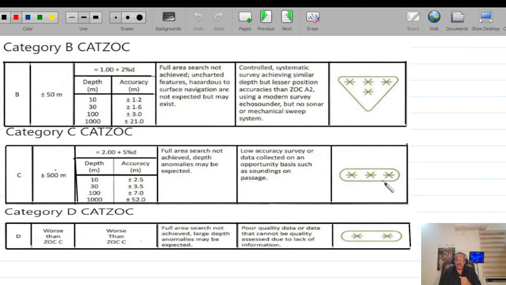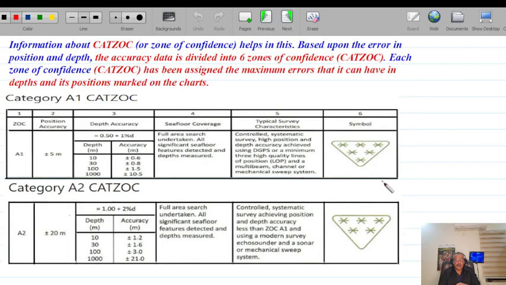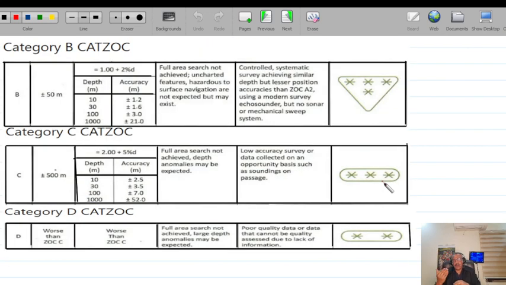And in this case, you have 3 stars, of course, lesser accuracy. Initially, we started with CATZOC category A1, which had 6 stars. Then it came down to 5 stars. With CATZOC category B, it came down to 4 stars. Category C CATZOC, it came down to 3 stars.